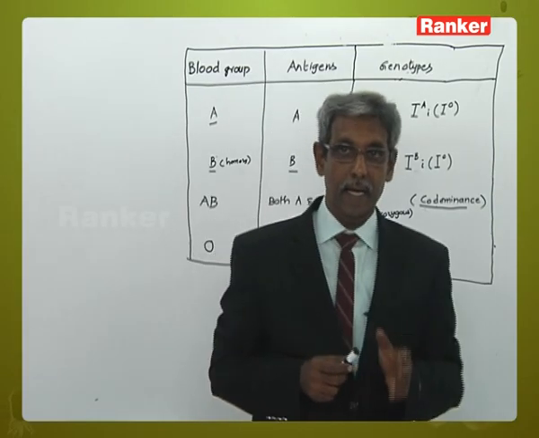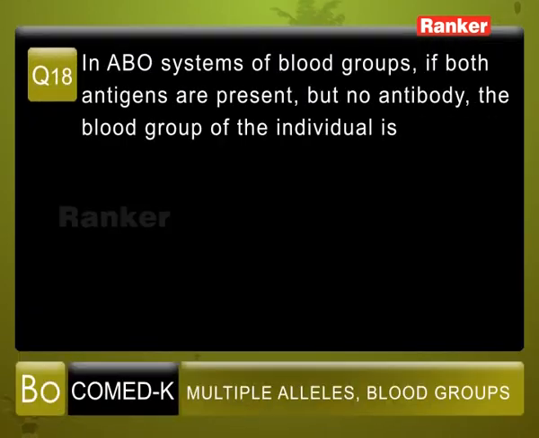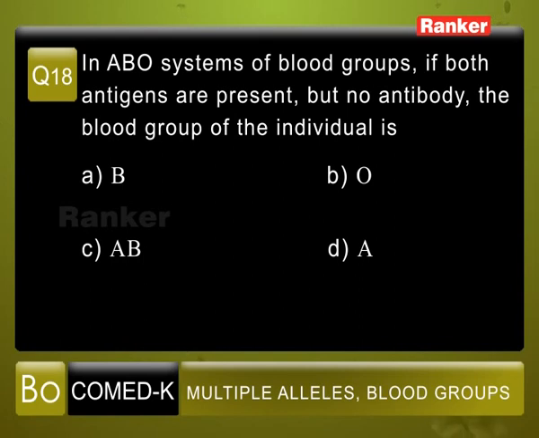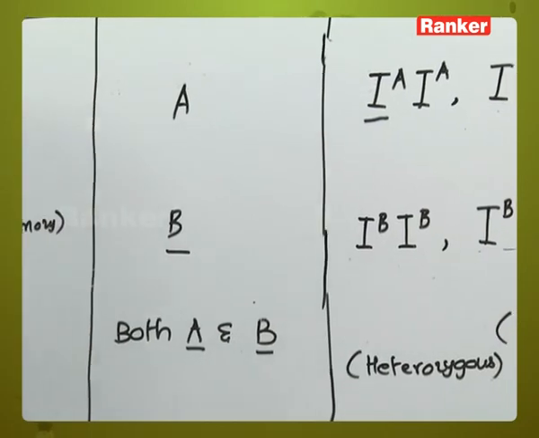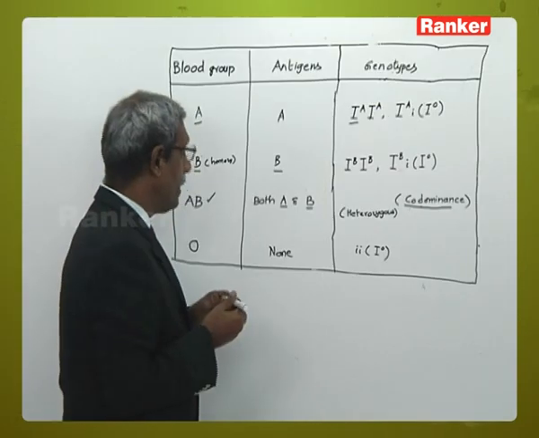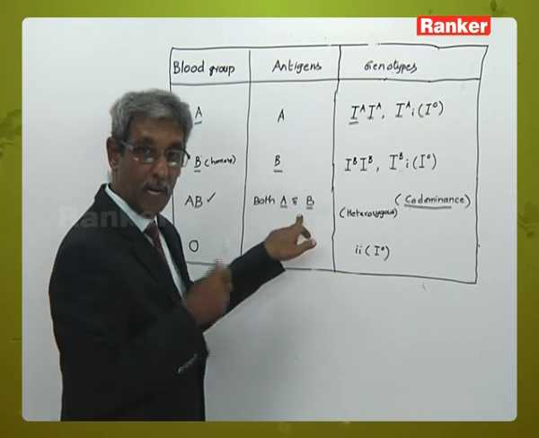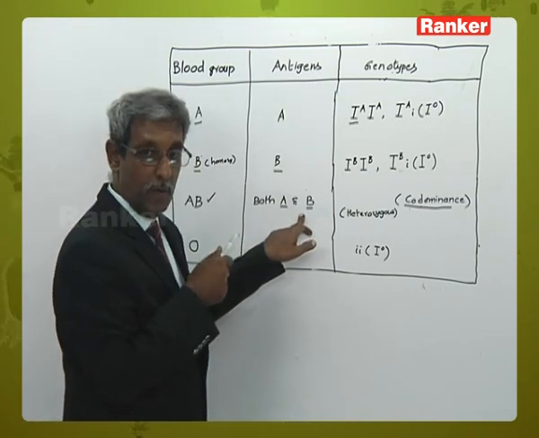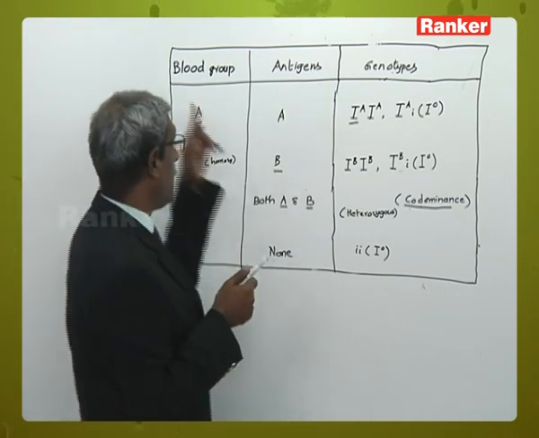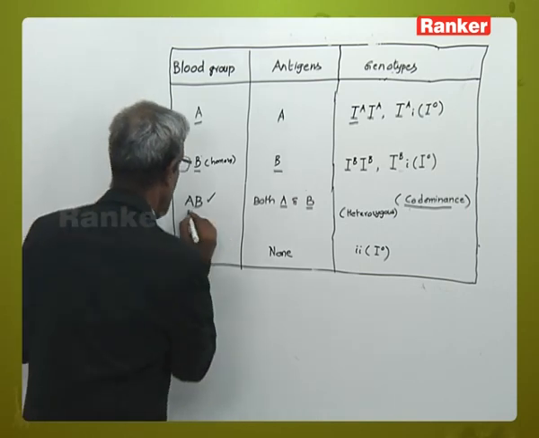We understand in the ABO blood group system, both the antigens are present in AB. We have antigen A as well as antigen B. But because both the antigens are present, there are no antibodies. So when there are no antibodies, the blood group which gets formed is AB.